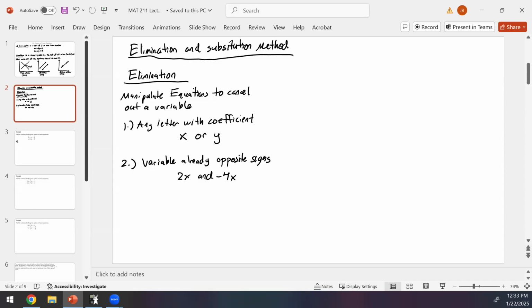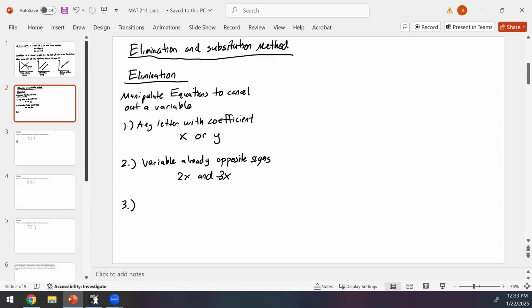That's the next best thing. And then after that, it kind of depends. Actually, let me do 3x and negative 2x. There we go. Because to me, that's better, I don't have to deal with negative manipulation.